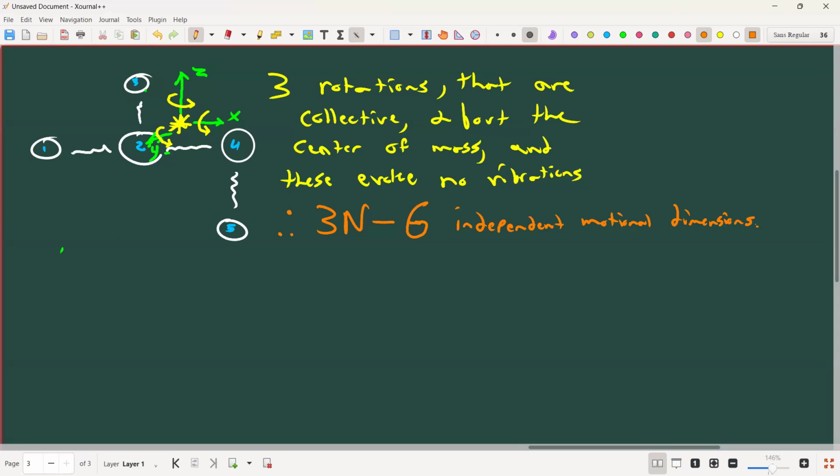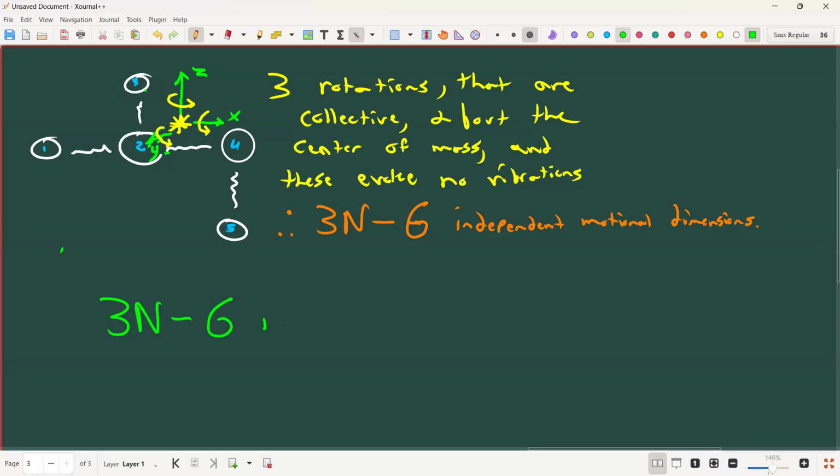So by definition, if there are other ways to collectively move the atoms, they correspond to displacements of different atoms with respect to each other. That means the remaining 3n minus 6 degrees of freedom are the vibrations.